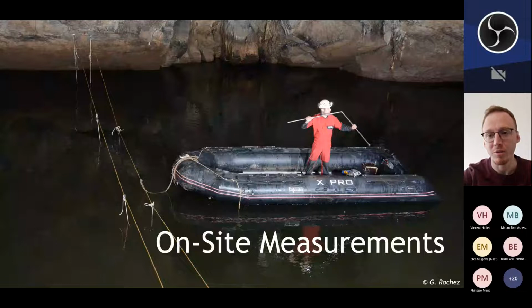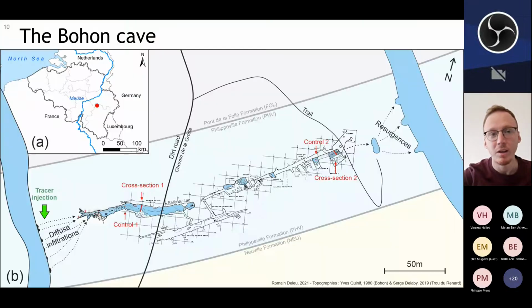So for the on-site measurements, first of all, we chose the Boron cave, which is in Wallonia. And in this cave, there is a river flowing from the left to the right on the map. You can see it's in blue here. And you can see on this map, we did two cross-sections.